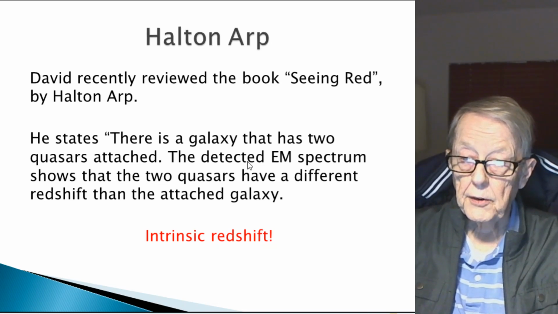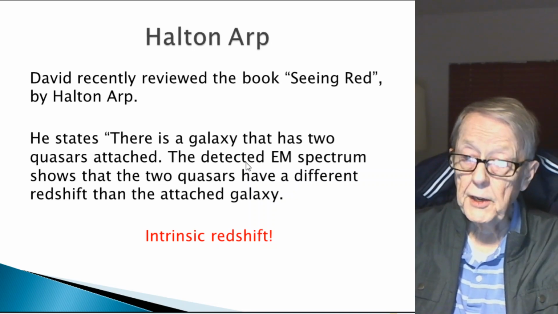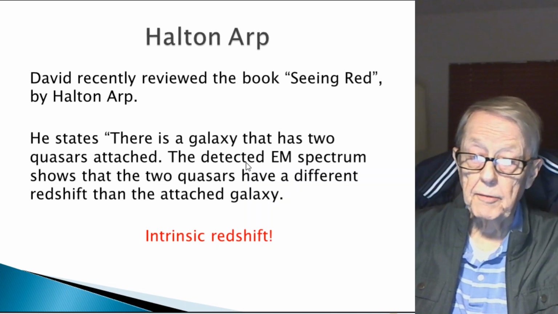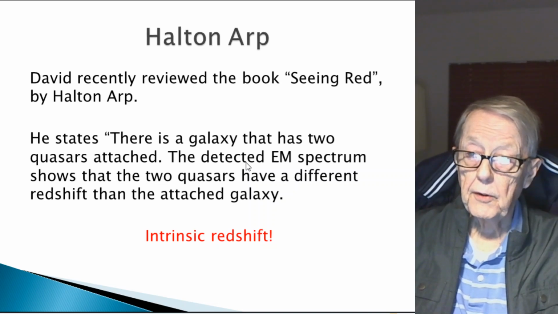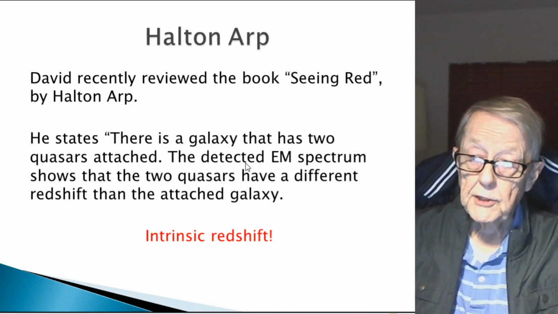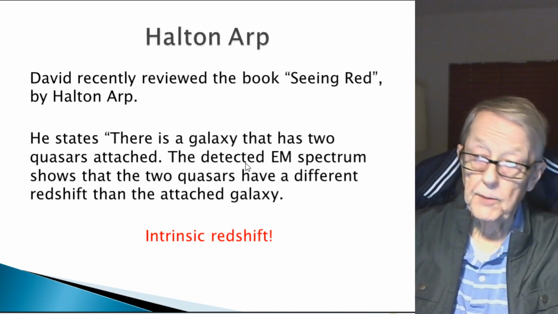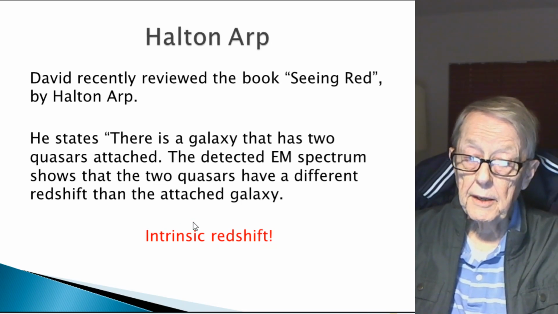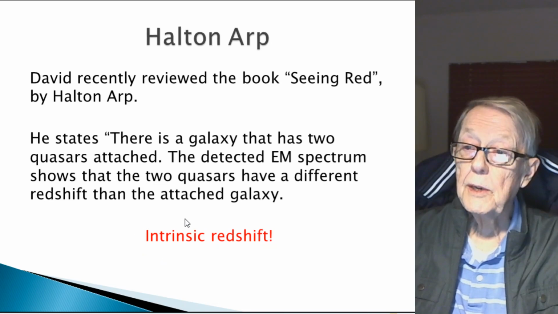and yet they have a different value coming from them. He said, well, shoot, if they're that close, even if they're moving, they should have the same redshift. They don't. They have a different redshift, which means that maybe there's what he calls an intrinsic redshift.